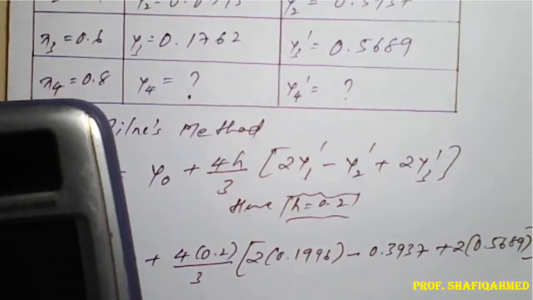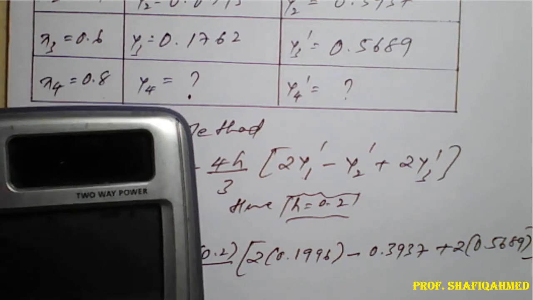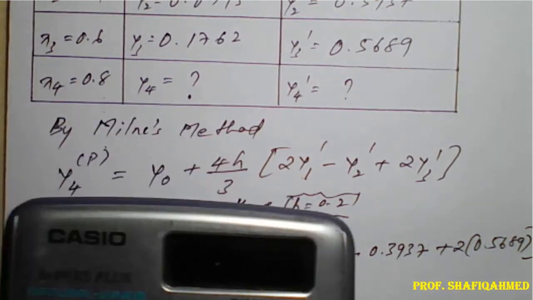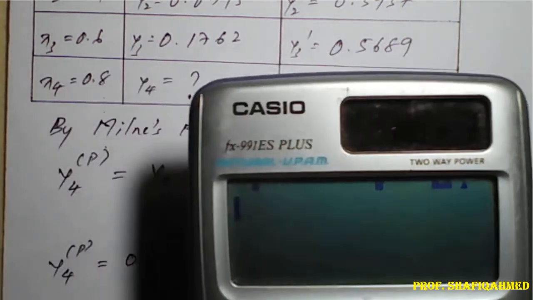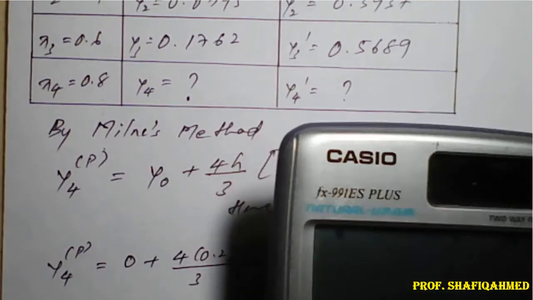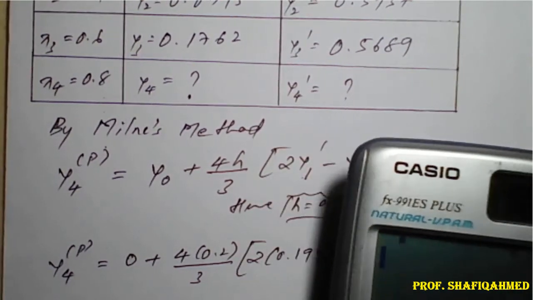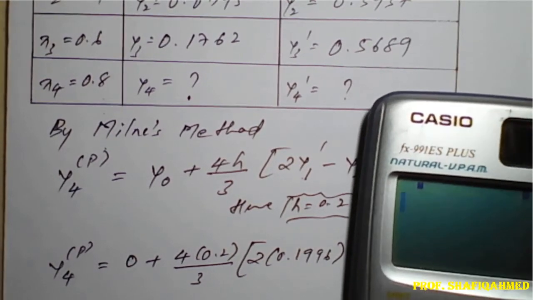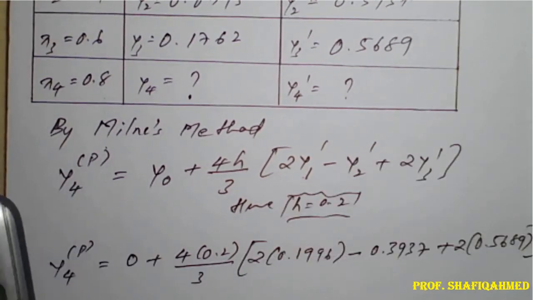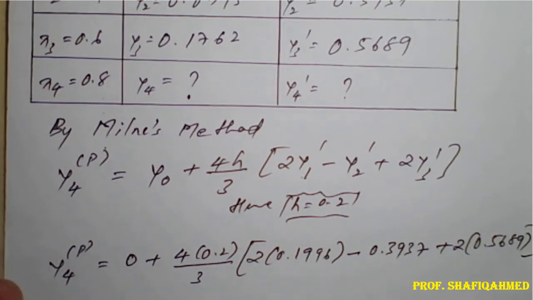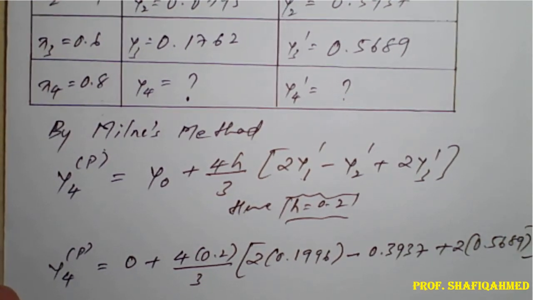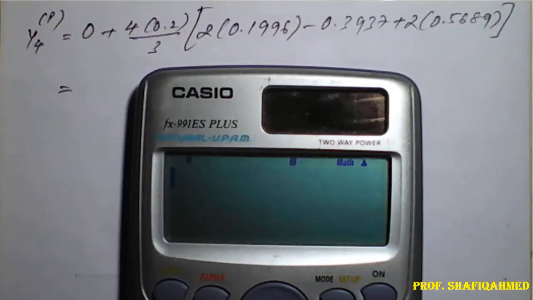So in one stretch we need to enter the data, one by one. If you enter all this data in the calculator, we get the y4 of p value. We enter 0 plus fraction 4 into 0.2, close the bracket, divided by 3.